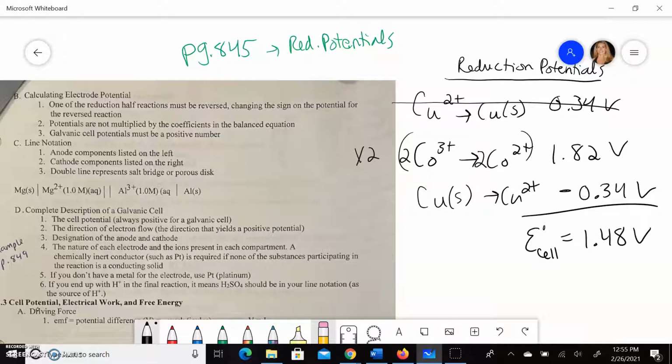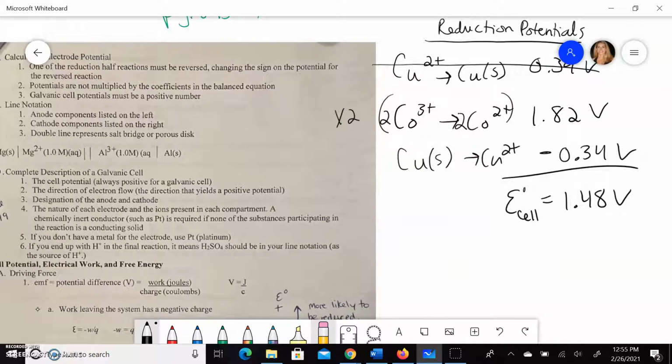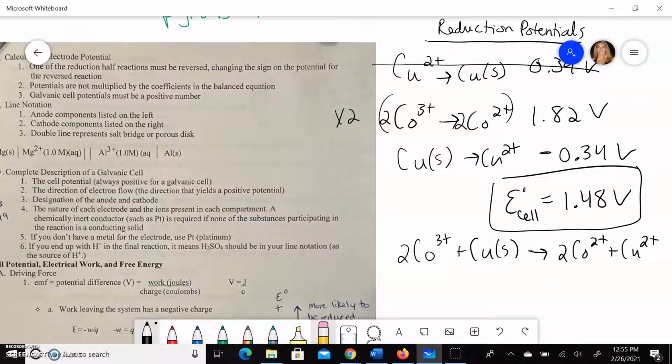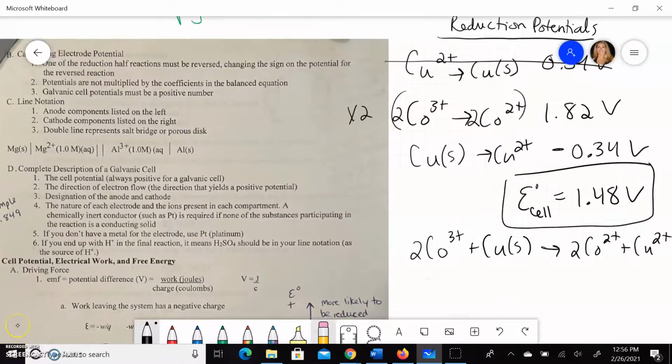The only thing that's similar to Hess's law is that when you flip a reaction, you change the sign. But the coefficients do not affect the voltage. So our final reaction here would be 2Co3+ plus copper solid yields 2Co2+ plus Cu2+. And again, the E cell for this reaction would be right here.